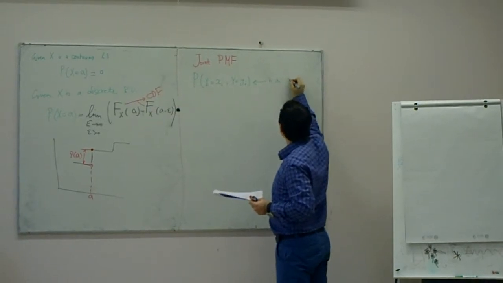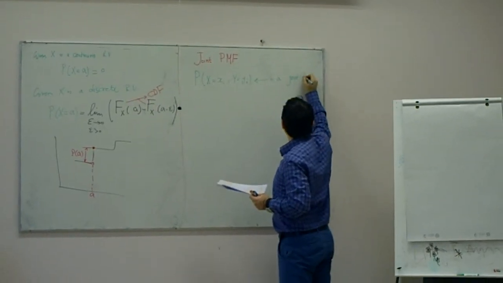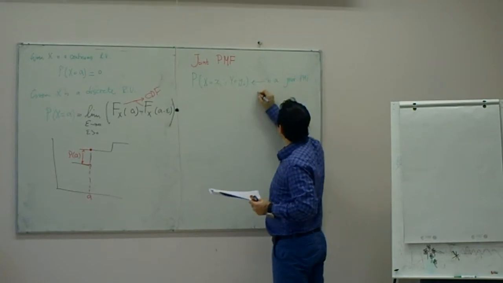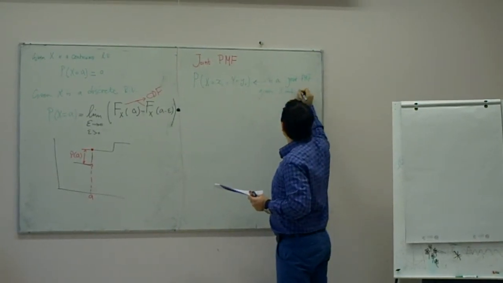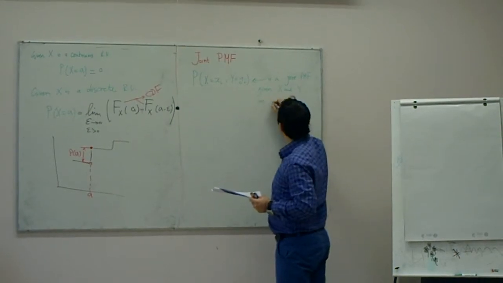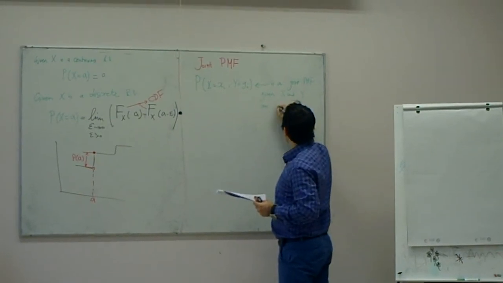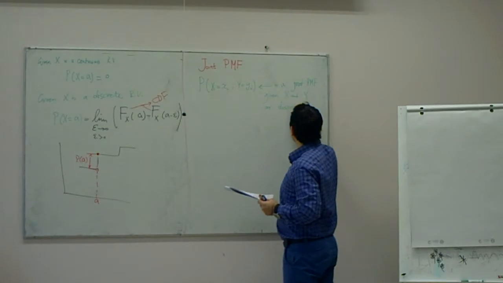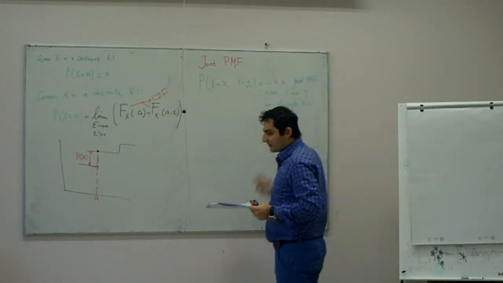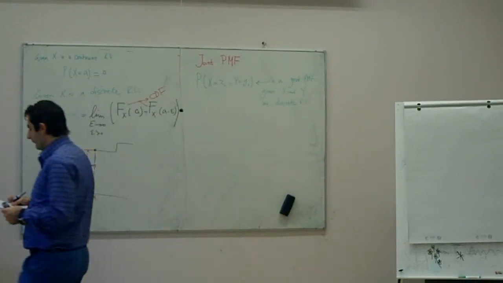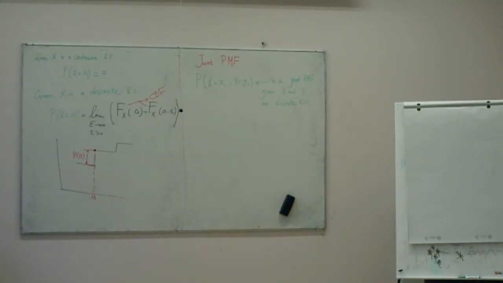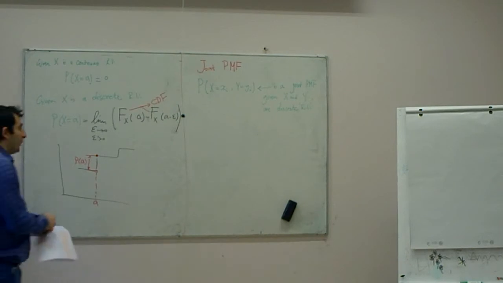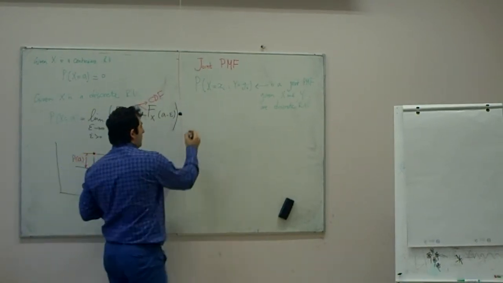This is a joint PMF, given X and Y are discrete random variables. And similar to the PDF, there exist several important properties that you have to know.